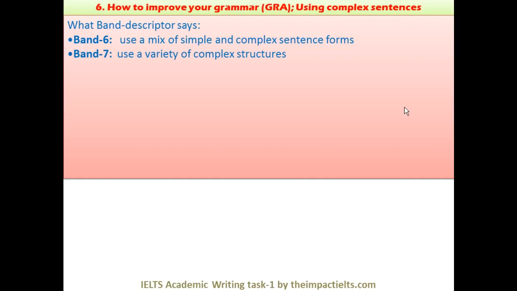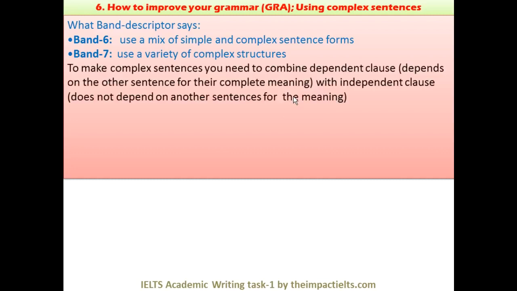So if you're looking for band 7, you have to use a variety of complex structures. Let me give you an example. So how can you make complex sentence? To make complex sentence, you need to combine dependent clause, right? Dependent clause means you can simply understand any sentence which depends on other sentence for the result.